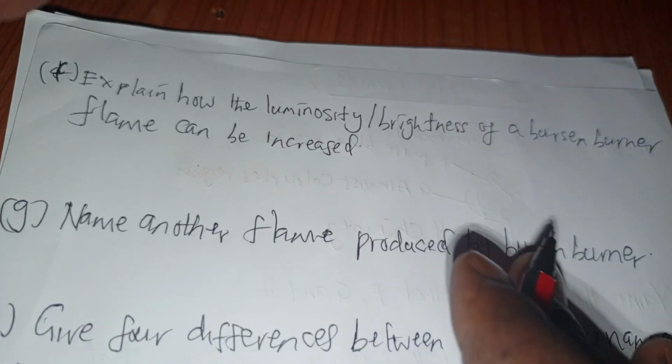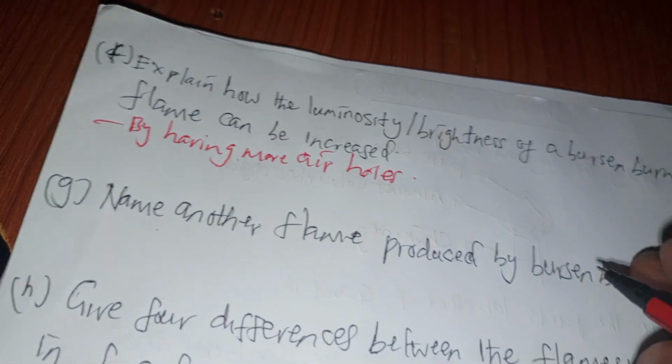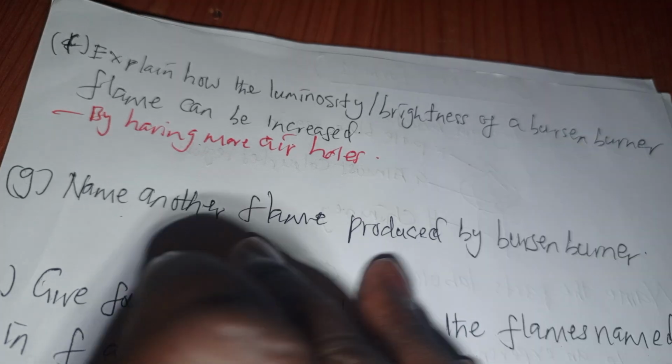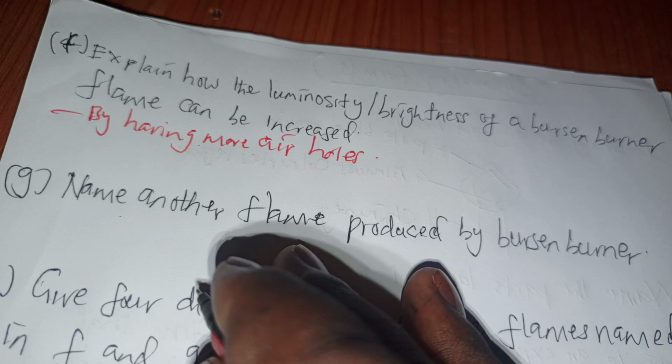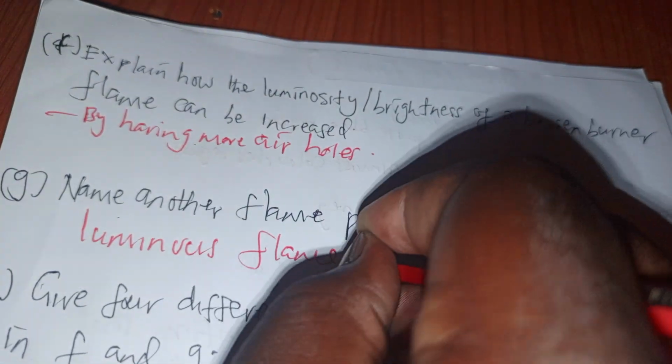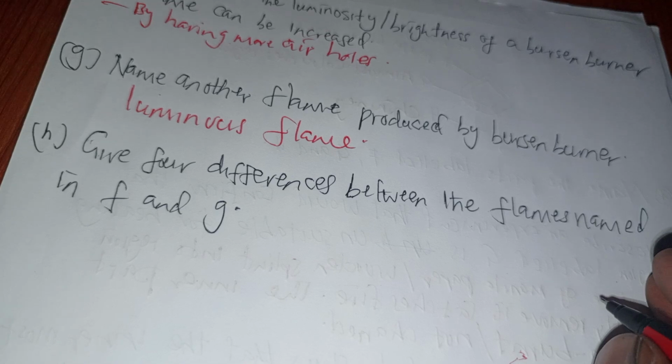So we can say by closing the air holes, by having fewer air holes open. Then question G, name another flame produced by the Bunsen burner. Since from the previous question we said non-luminous, this one will be luminous flame.